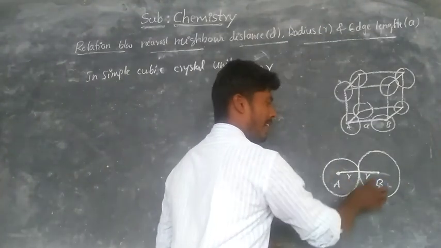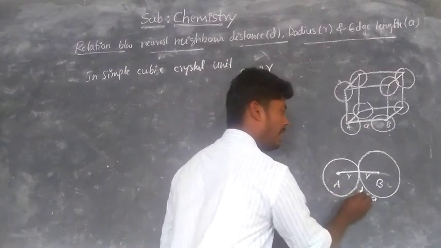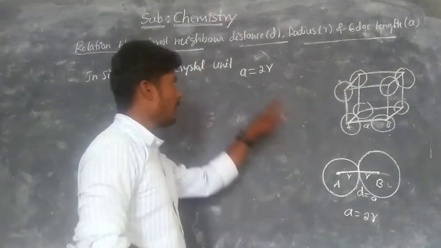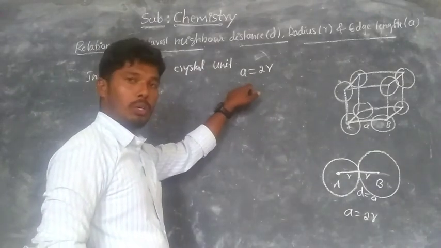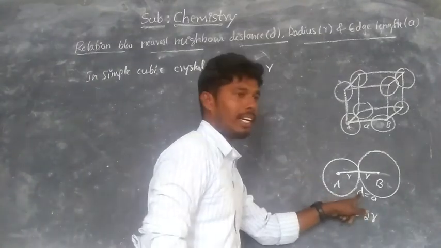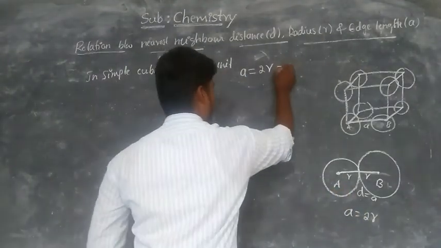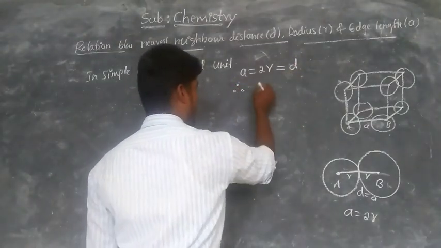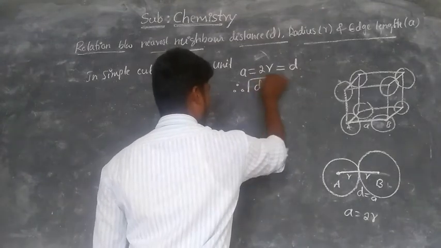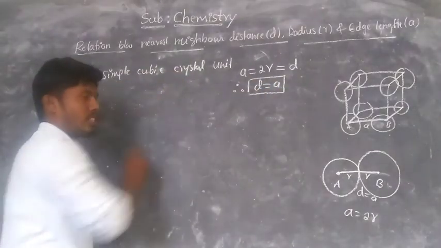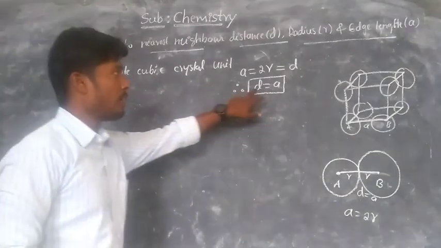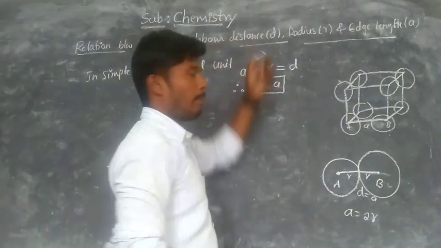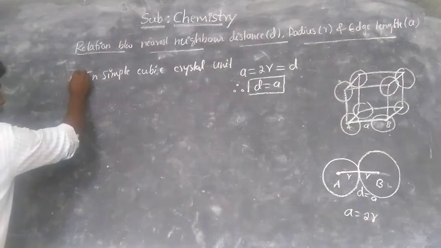Therefore, by this assumption, a is equal to 2r, and that a is nothing but d. Therefore, the nearest distance d is equal to a in a simple cubic crystal unit. The edge length is equal to the nearest neighbor distance in case 1, the simple cubic lattice.